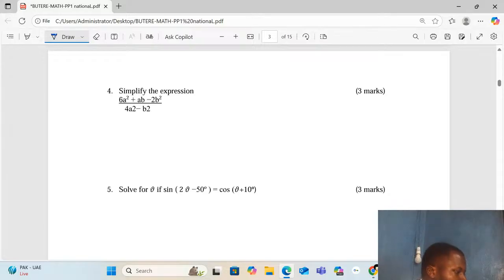So we can start with the numerator of this expression. So we are having 6a squared plus ab minus 2b squared.